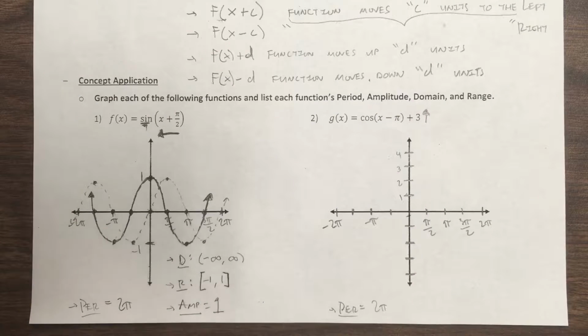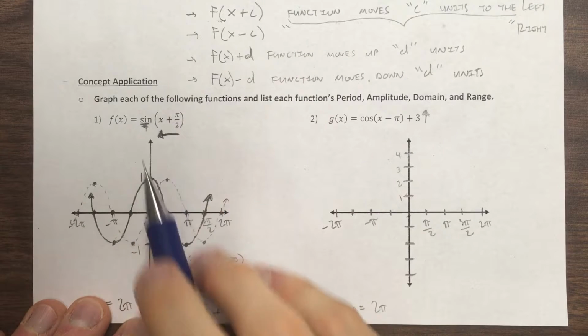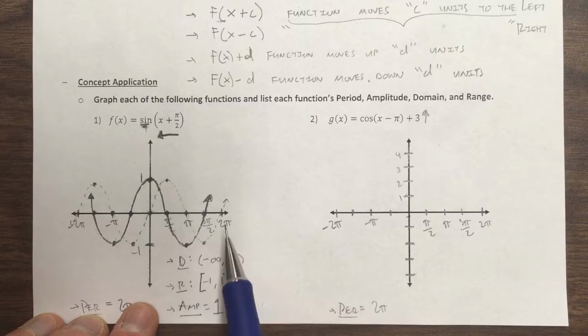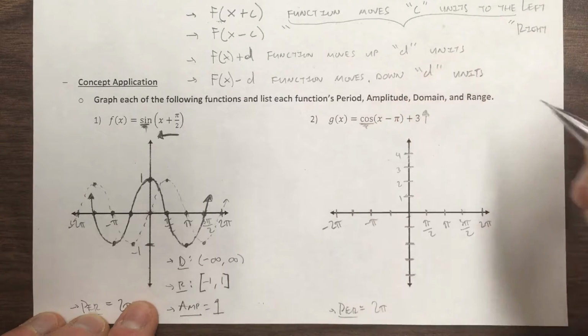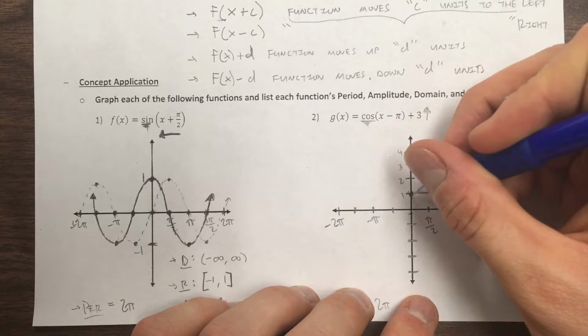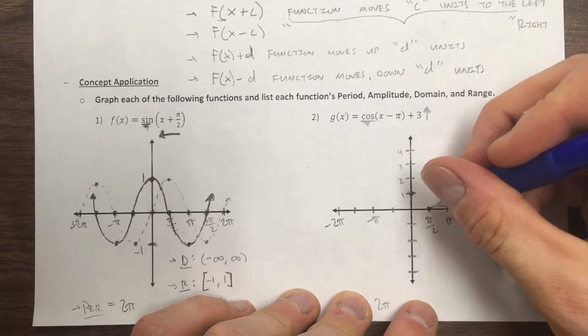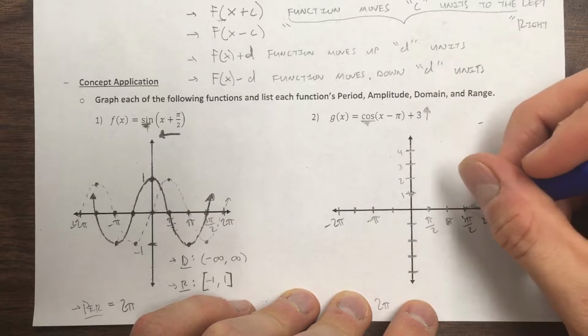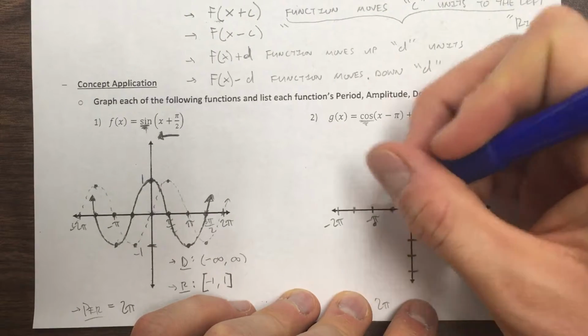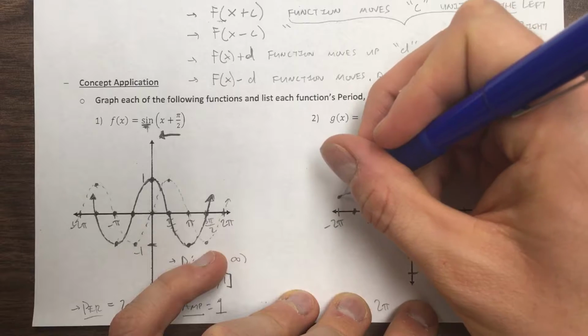Now if we think about the parent function, here we were dealing with sine. So sine, quote unquote, starts at 0, 0, and then it has this shape. Here we're dealing with cosine. So because we're dealing with cosine, we're going to start at 0, 1. And then it has a similar pattern, a little different, but very similar. And so this would be our parent function.